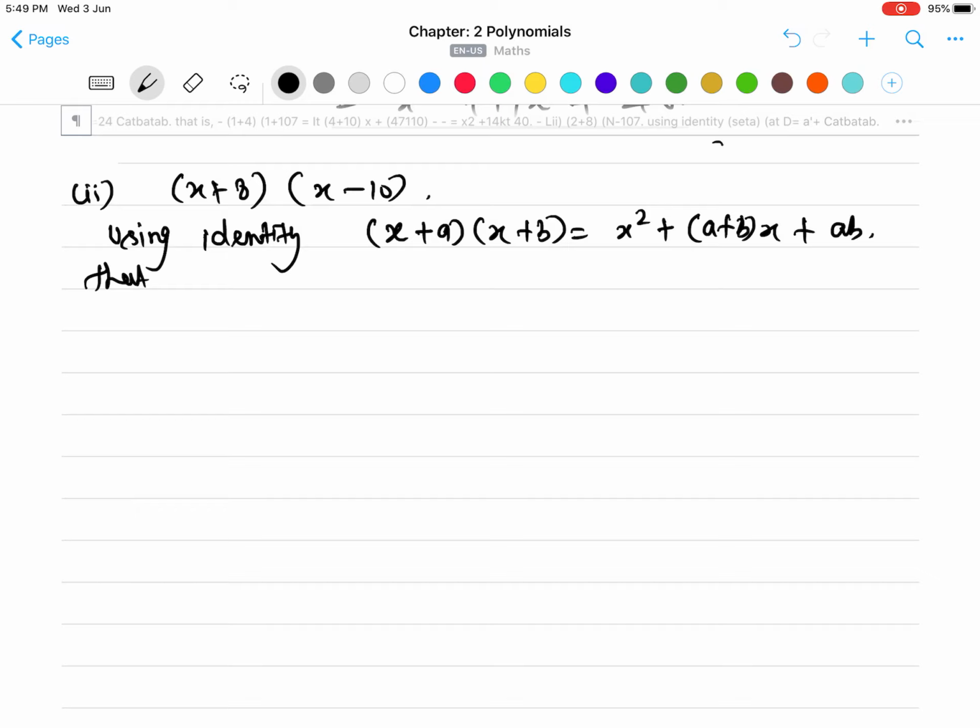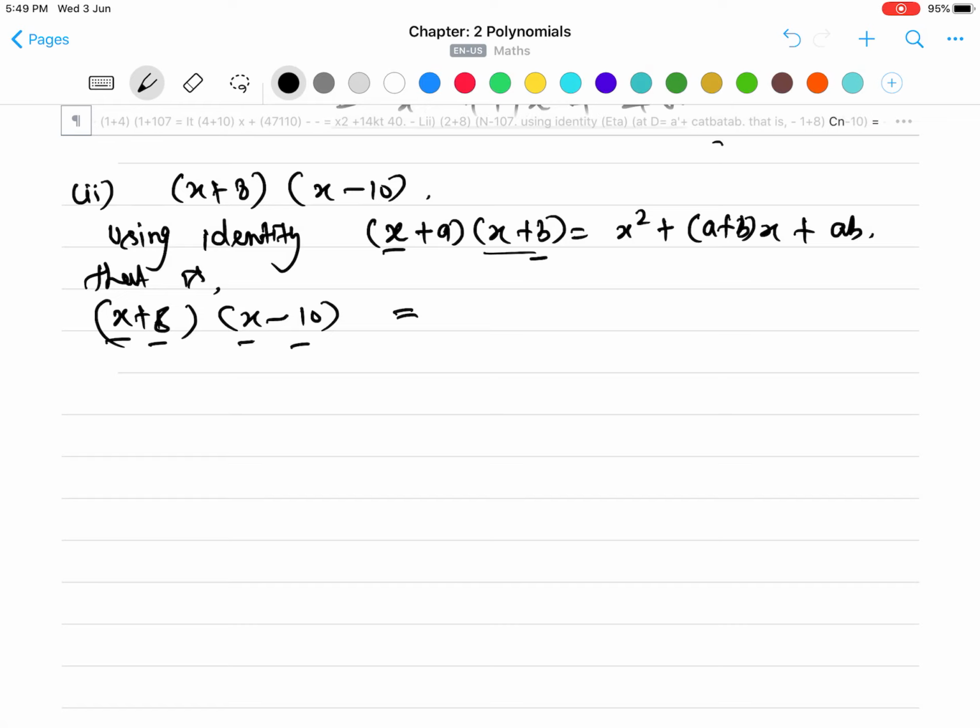So write that is, we have x plus 8 into x minus 10. Now you can see x here is again x, a is plus 8, x is again x, and b is minus 10.